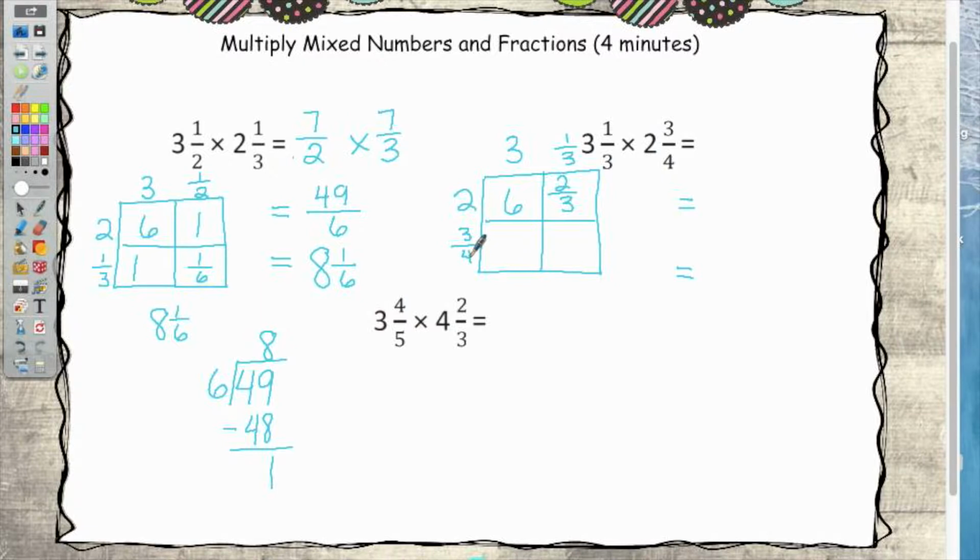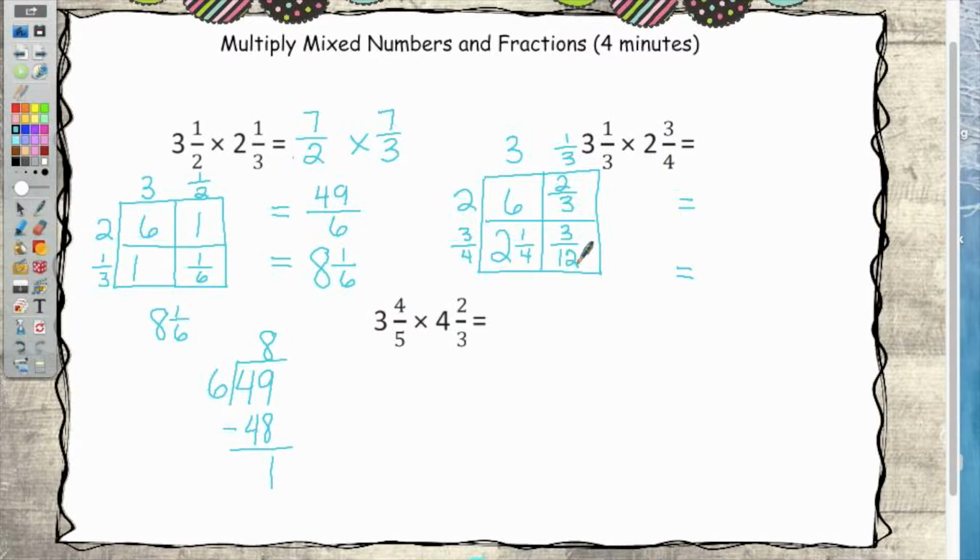Anybody know what that is? 9/4, which is 2 and 1/4. And 3/4 times 1/3, 3/12. My goodness, we have a lot to add up. I don't want to do it.